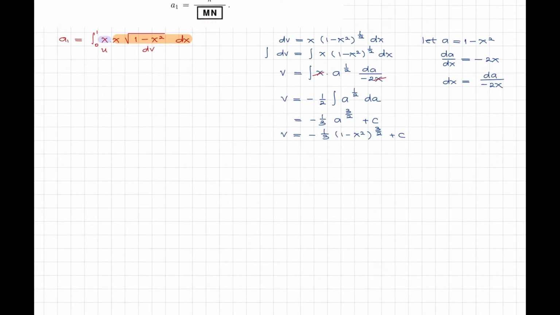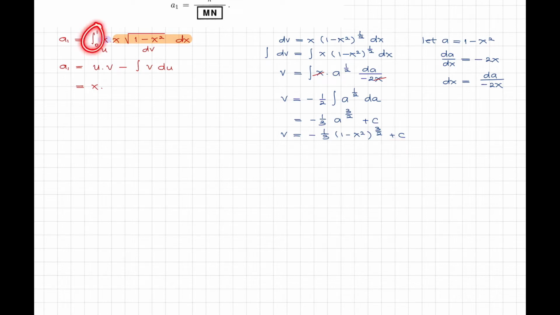By using integration by parts, A1 is equal to u times v minus the integration of v du. By following the equation, u is x, so x times v, and v is negative 1 over 3 and so on. I will not write the plus c here because we have a definite integration, so plus c is not needed.